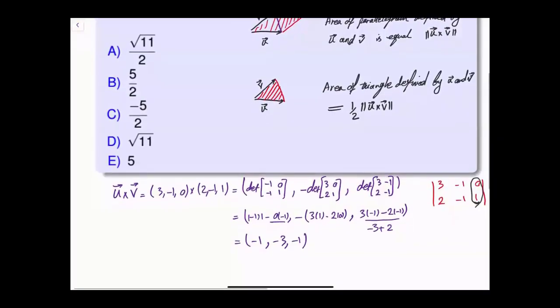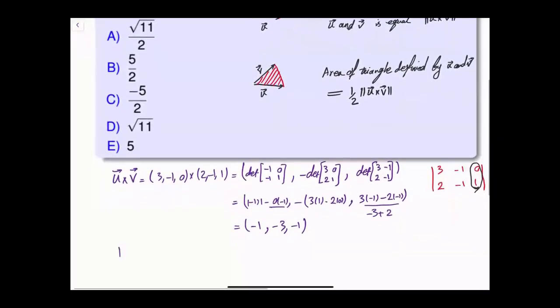Now that we found u cross v, we have to find the length of u cross v. That is the length of a vector: square each component, add them, and find the square root of that. This will be 1 plus 9 plus 1, which is √11. √11 is the area of the parallelogram.